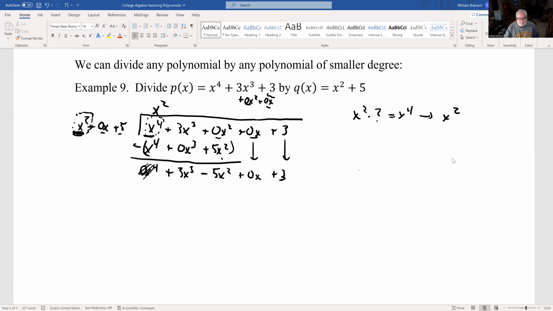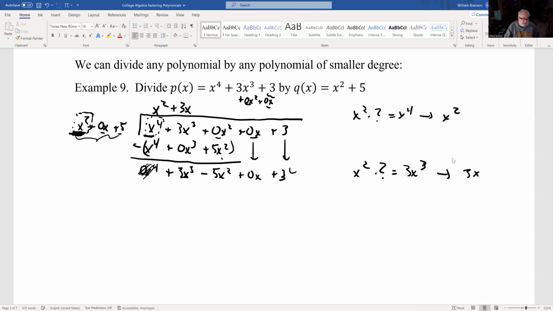So the question we ask ourselves now is we go back and we look at this x squared again and say, what do I multiply x squared by to get 3x cubed? Because that's the leading term of the polynomial in this line. And so that means we multiply by 3x, right? Because 3x times x squared gives me 3x cubed. So we put the 3x up here. And then the next line down here, we'll take this 3x and we'll multiply by each of these three terms.